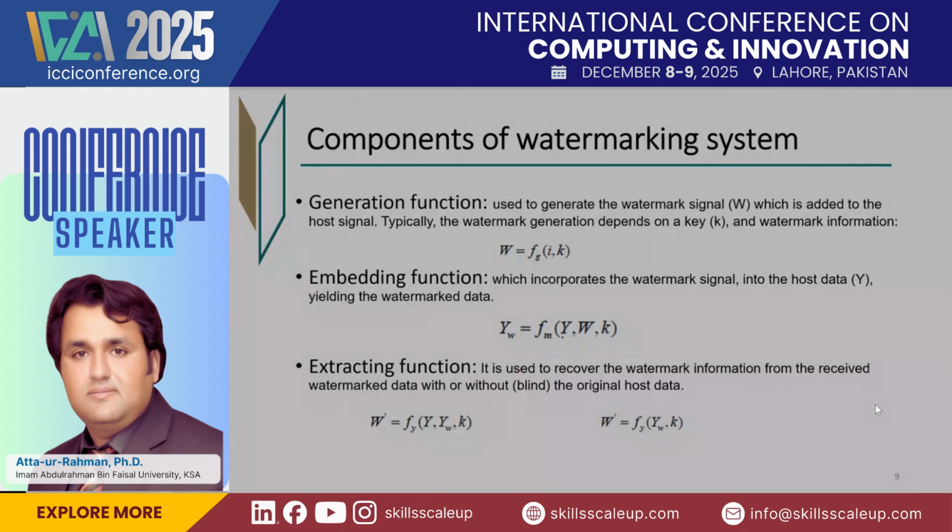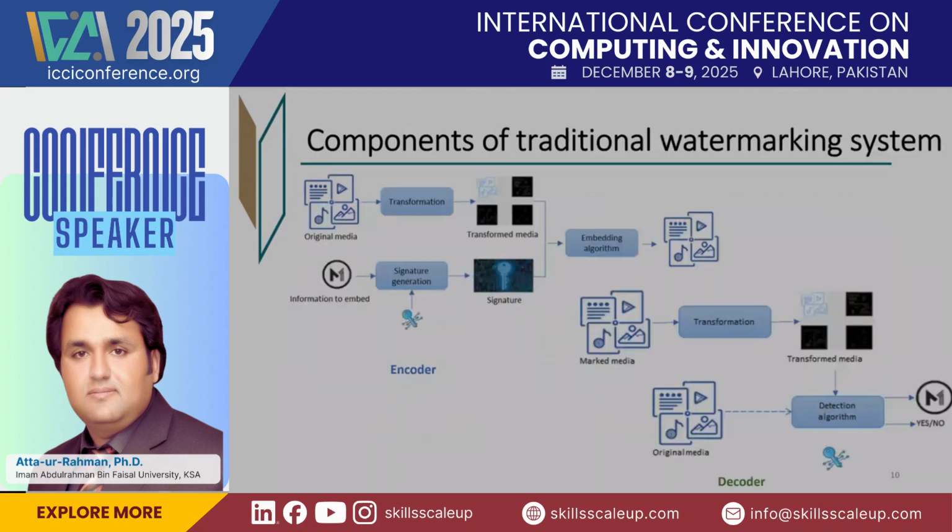Secondly, the embedding function, the art of embedding that generated signal or message inside the target media. And finally, extracting, reversing the watermark out of the watermarked media, especially images.